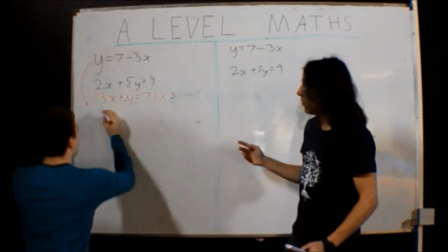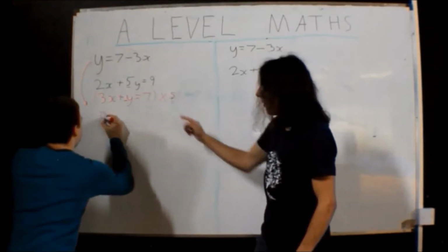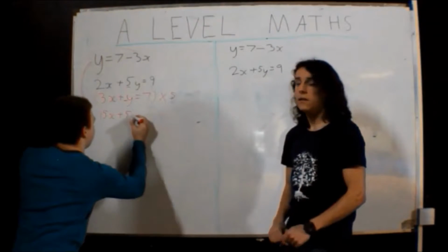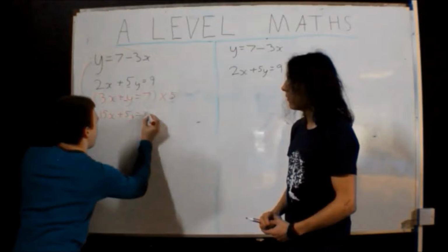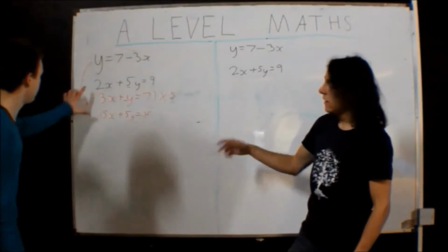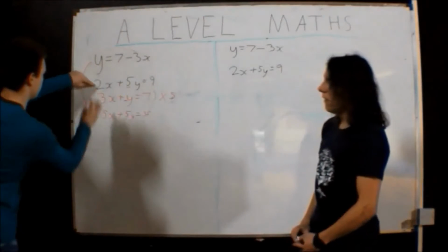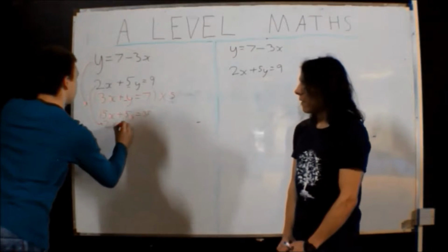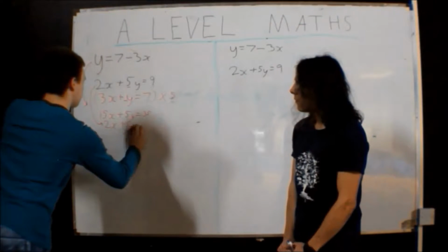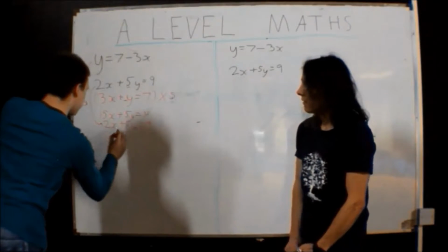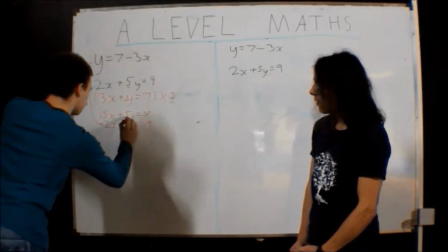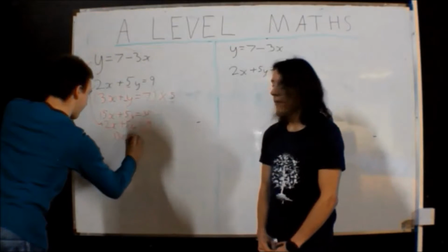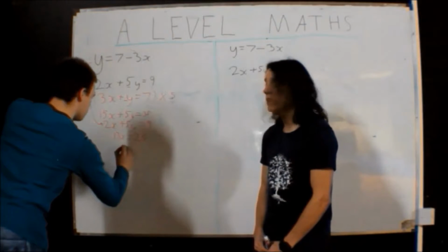Equating means make them equal, so you need to make one of these coefficients equal. Multiply this equation by 5, giving 15x plus 5y equals 35, which makes the y coefficient equal to this 5y. And then you just simply take away one from the other, making 13x equals 26. And that makes x equal to 2.